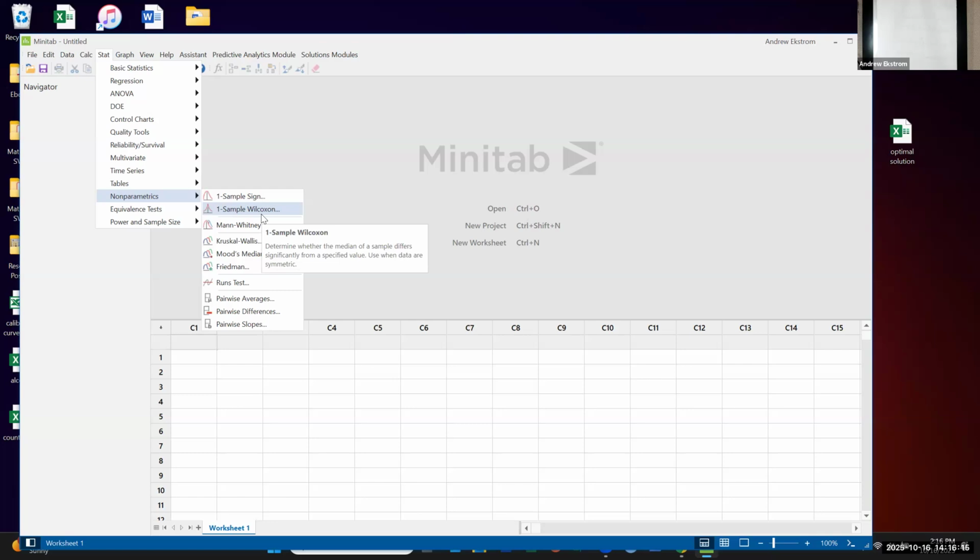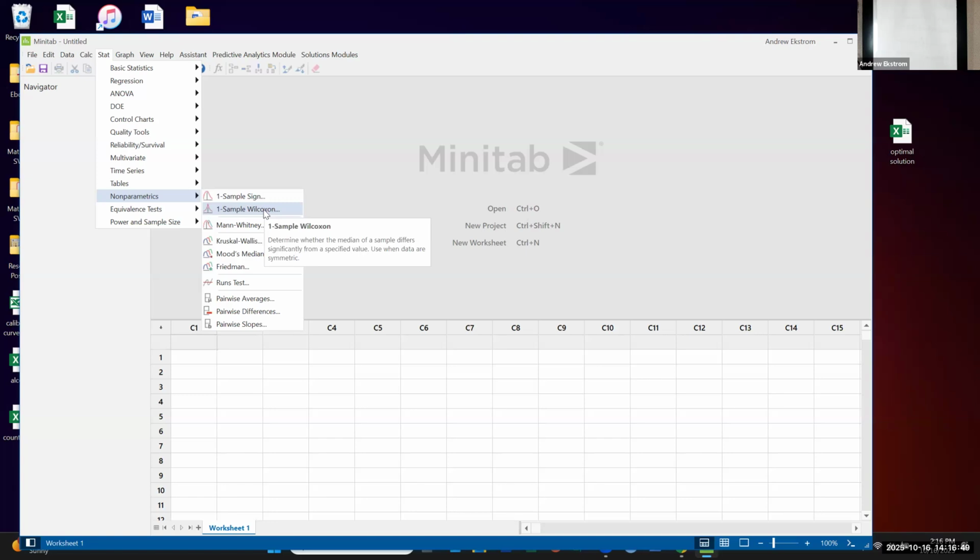We were talking about one sample t-tests. If the data you have is not normally distributed, we have this one sample Wilcoxon test. You can hover over it and it says, determine whether a median of a sample differs significantly from a specified value. Use when data are symmetric.